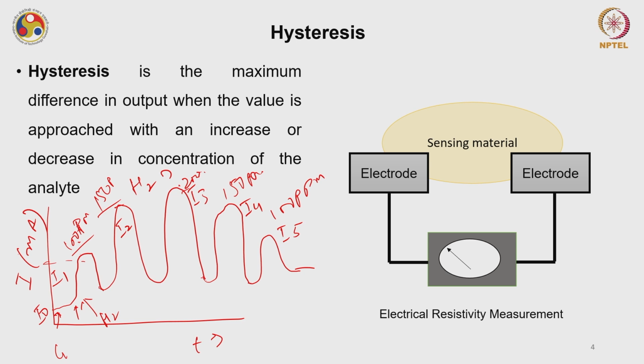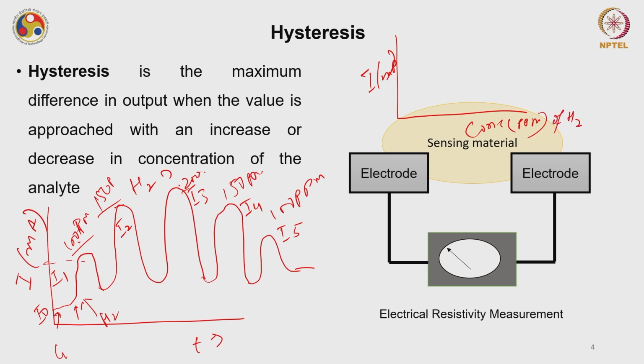Now let us plot static data for this particular dynamic response. The plot will be between current, say in milliamp, and concentration, say in ppm of hydrogen.